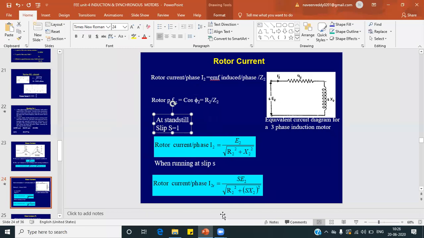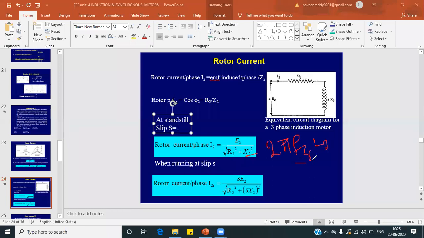So there won't be any S over here because it is not SC2, because it is at standstill. So S is equal to 1, and we see X2 is the rotor reactance, which is equal to 2 pi f_r into L2.